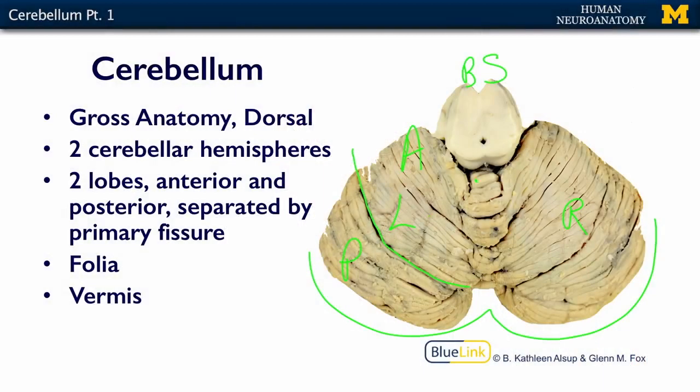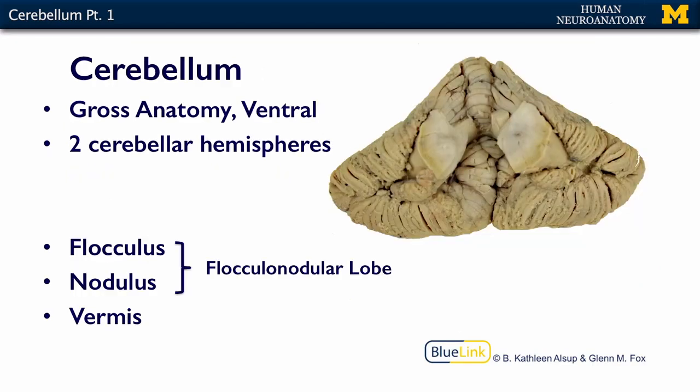On the midline is this structure that early anatomists thought looked like a worm, and so they called it the vermis. Vermis means worm-like. From the ventral side, if we cut off the brainstem and are looking up underneath the cerebellum, we can still see the vermis. We can see part of that anterior lobe and the posterior lobe.